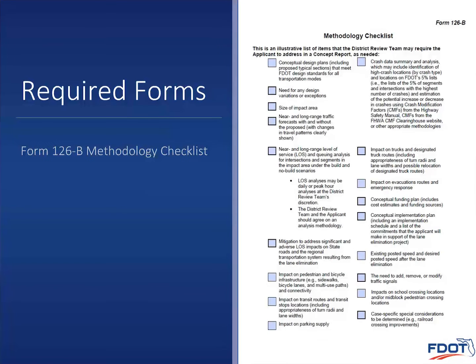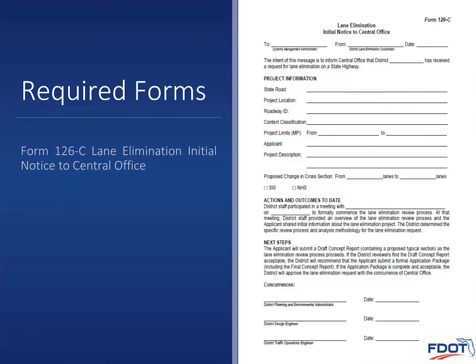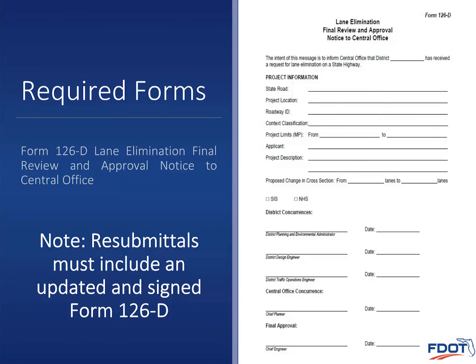The next form is the methodology checklist. It's a little bit more detailed. And again, feel free to go to FDM and look at these in more detail. 126C is the initial notice to Central Office. This one requires concurrence from the district. And last is 126D, which is the final review and approval notice to Central Office.